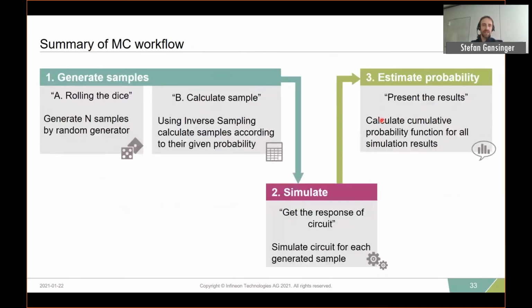So to summarize, the Monte Carlo simulation is doing the following. First, we generate the samples, so we are rolling dice, then calculating the individual device parameters, so threshold voltage, resistance, and so on. Then we go for simulation.